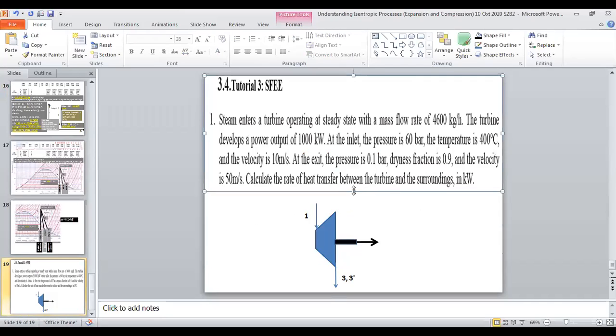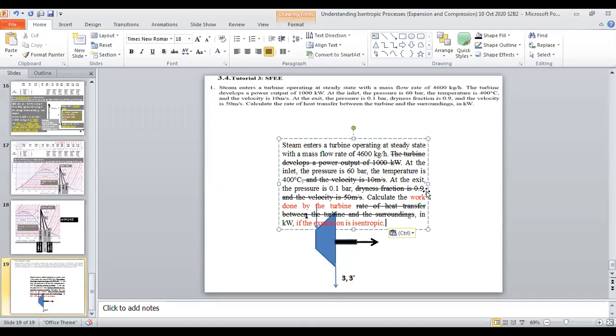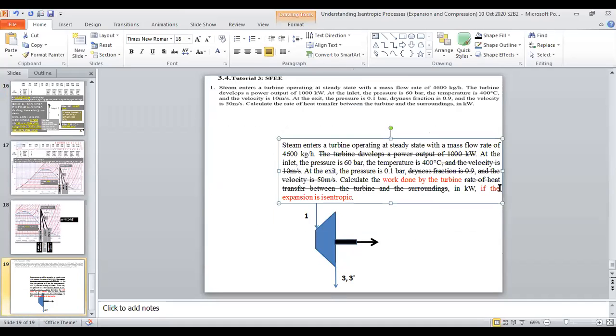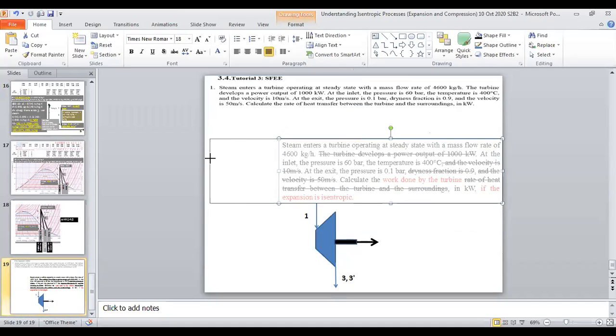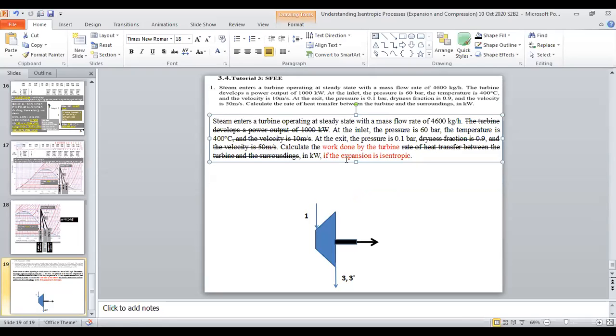Now let's see. I take the turbine delivers power output 1000 kilowatt.